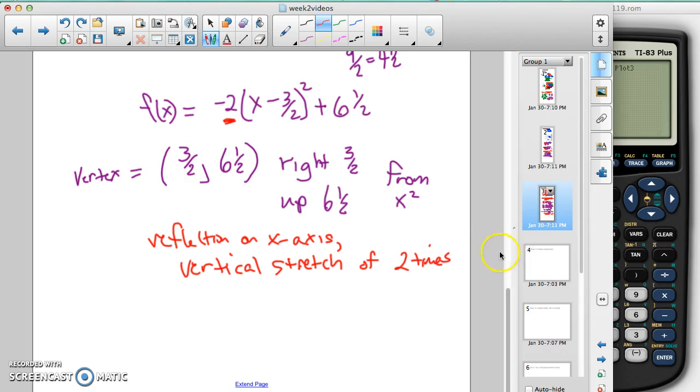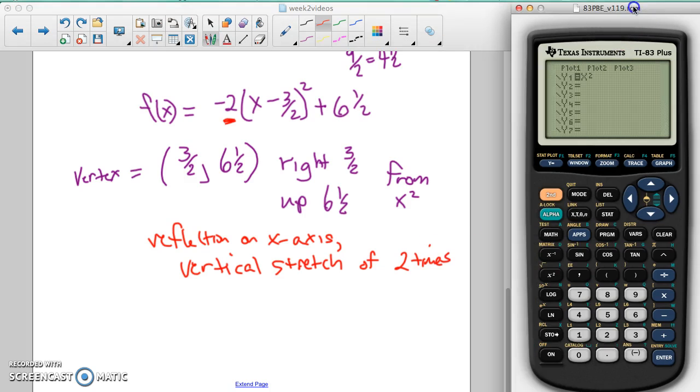So let's take a look at this on the graphing calculator and just see what it looks like. So I have my original function here, x squared, and then I'm going to type in my other function here. Let's just give it a minute to take effect.